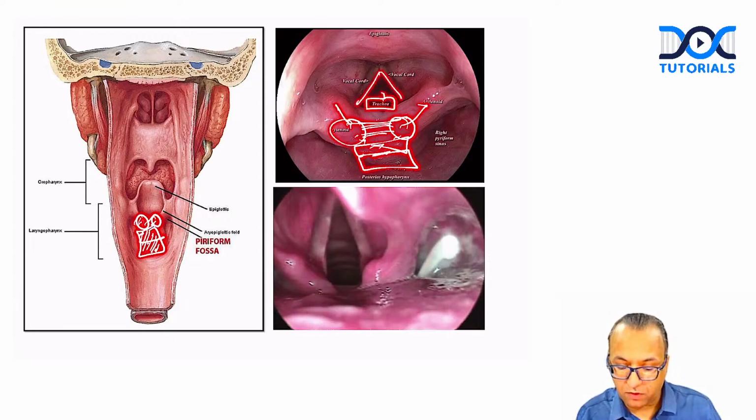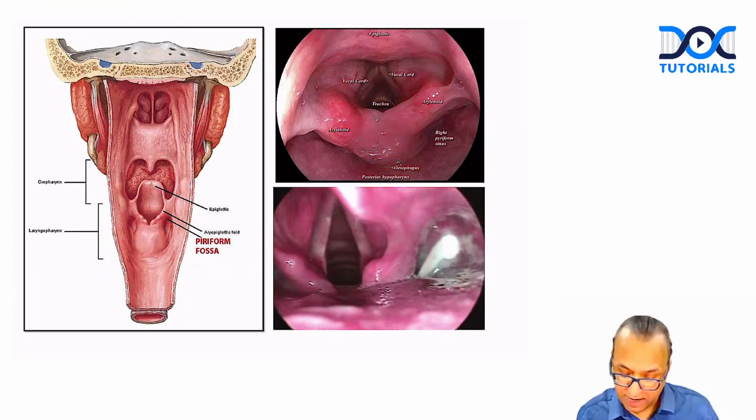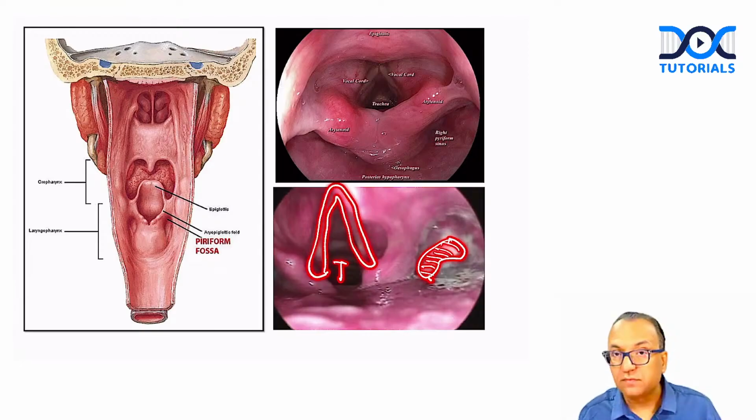And these are the vocal cords. In front of that is the epiglottis, and behind is this piriform recess. And this is something stuck here. So that is the trachea. These are the vocal cords, infraglottic and supraglottic. So this is the supraglottic area. But it is not larynx, it is laryngopharynx.